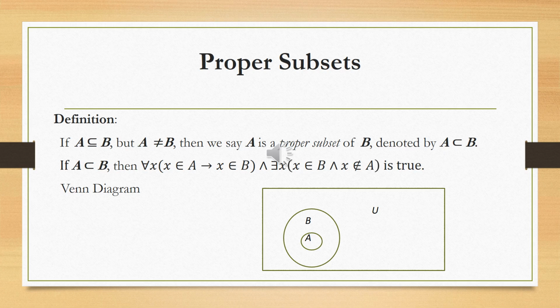If A is a proper subset of B, that means that every element X that belongs to A also belongs to B. And then we can denote that by this Venn diagram. So here you know that A is fully contained in B.